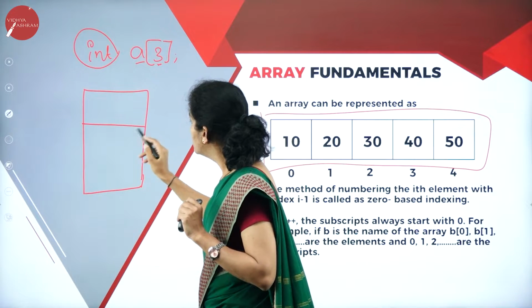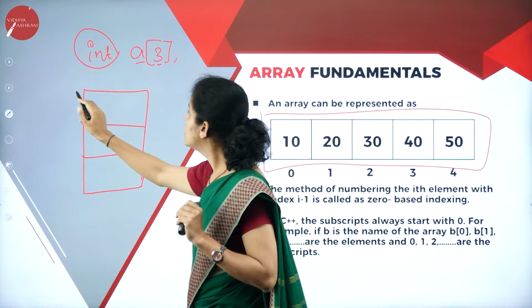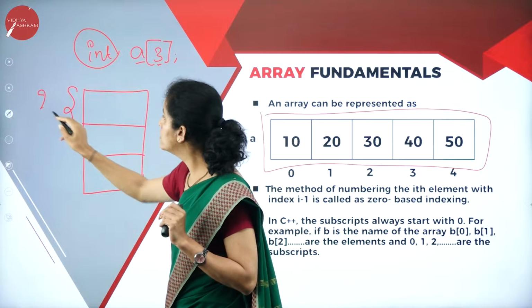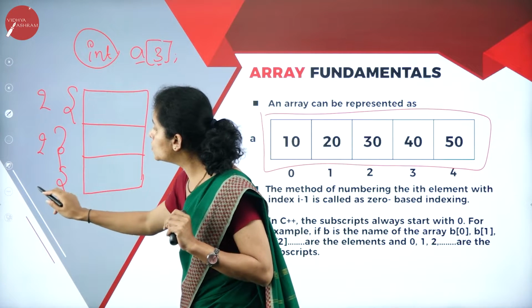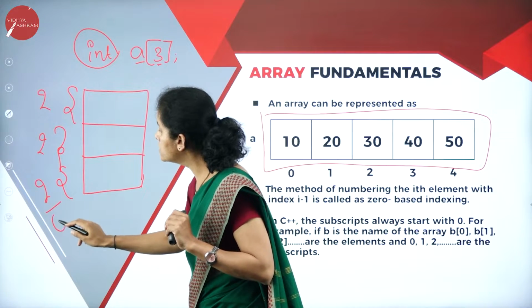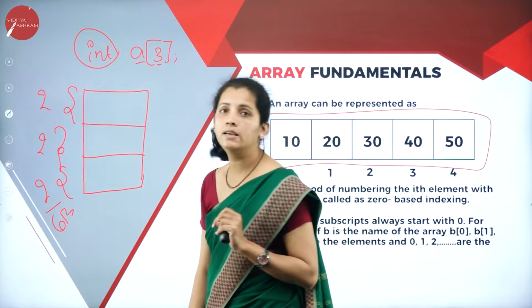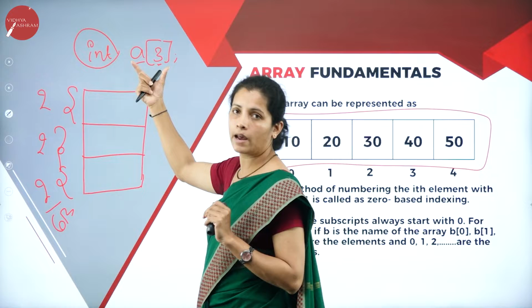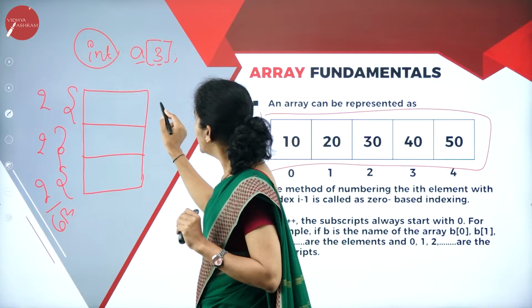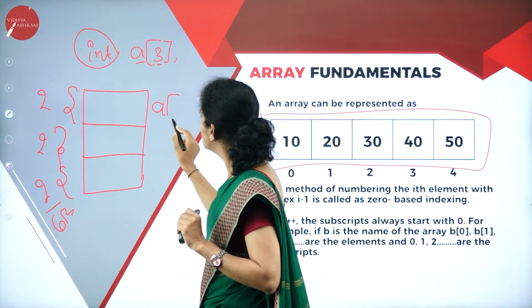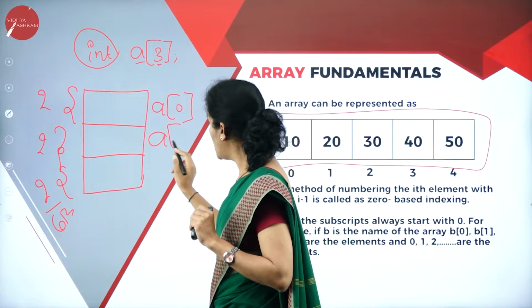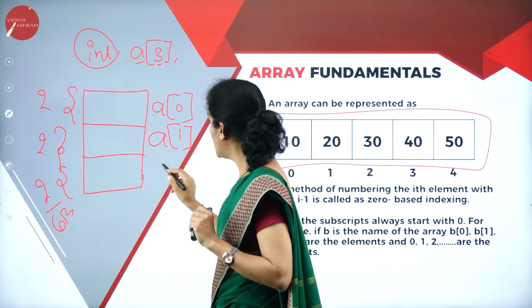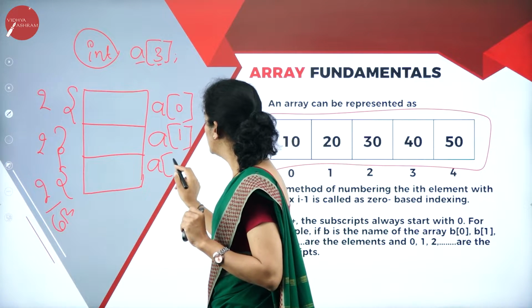It is 2 bytes here, 2 bytes here, and 2 bytes here. Total 6 bytes of memory is reserved for this array. Now, the array index starts from 0, so along with the array name, I write the array index.